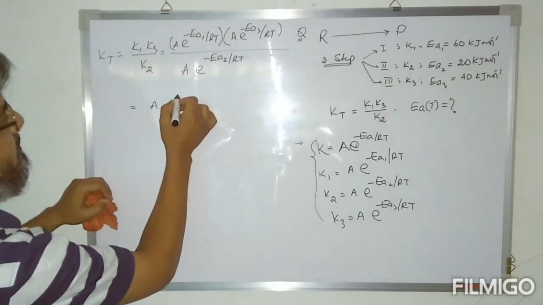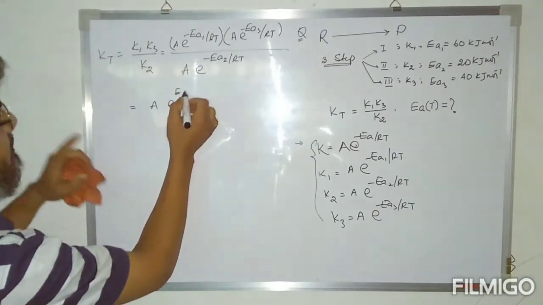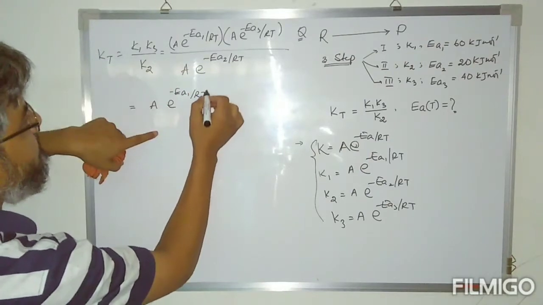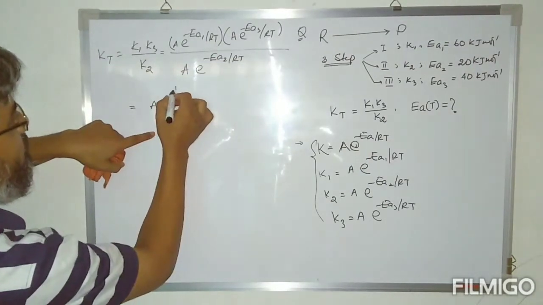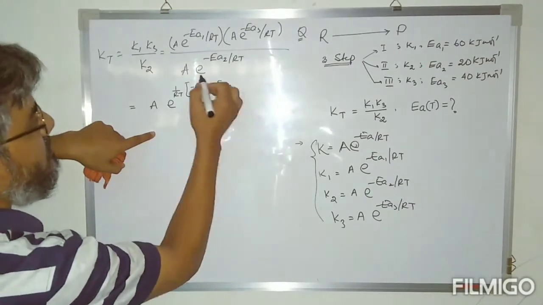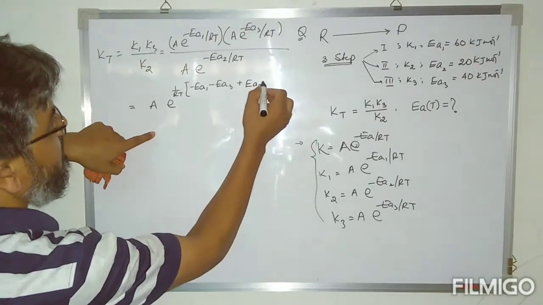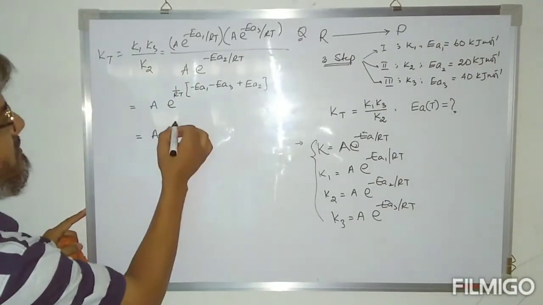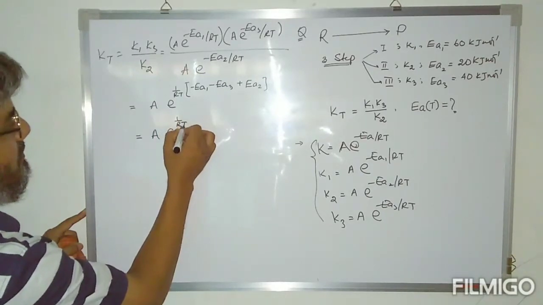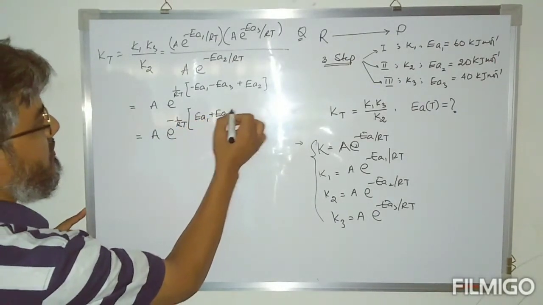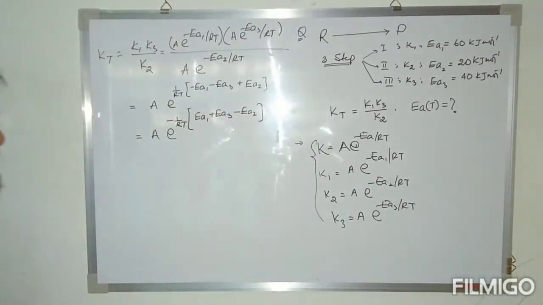So this is equal to A exponential minus 1 by RT, EA1 plus EA3 minus EA2. This value is equal to the total activation energy of the reaction.